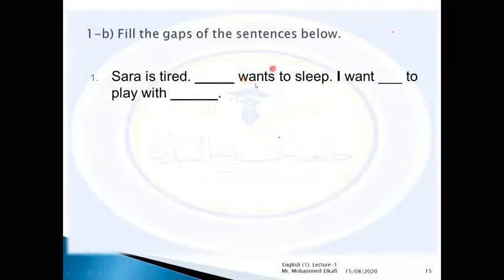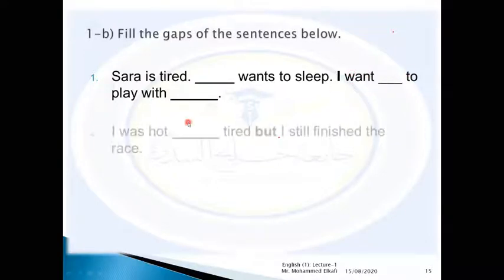Since we are talking about Sarah, we should use a subjective pronoun, she. Sarah is tired. She wants to sleep. Excellent. I want dot dot to play with. I want her to play with me.